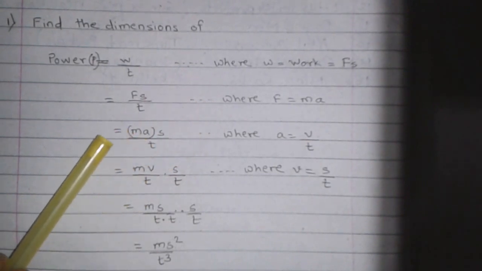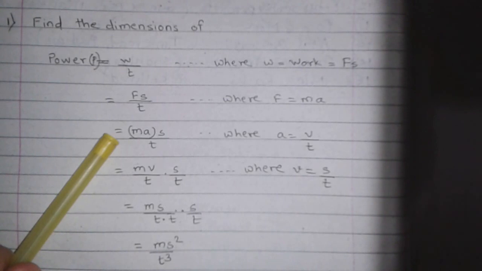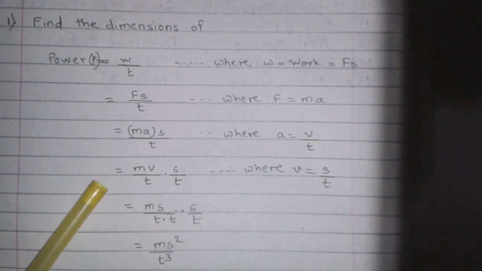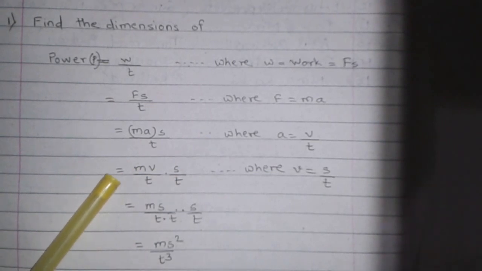Therefore, it can be written as mass into acceleration multiplied by s, that is displacement, divided by time, where a is acceleration, and acceleration is velocity per time. So acceleration can be substituted here by v by t.